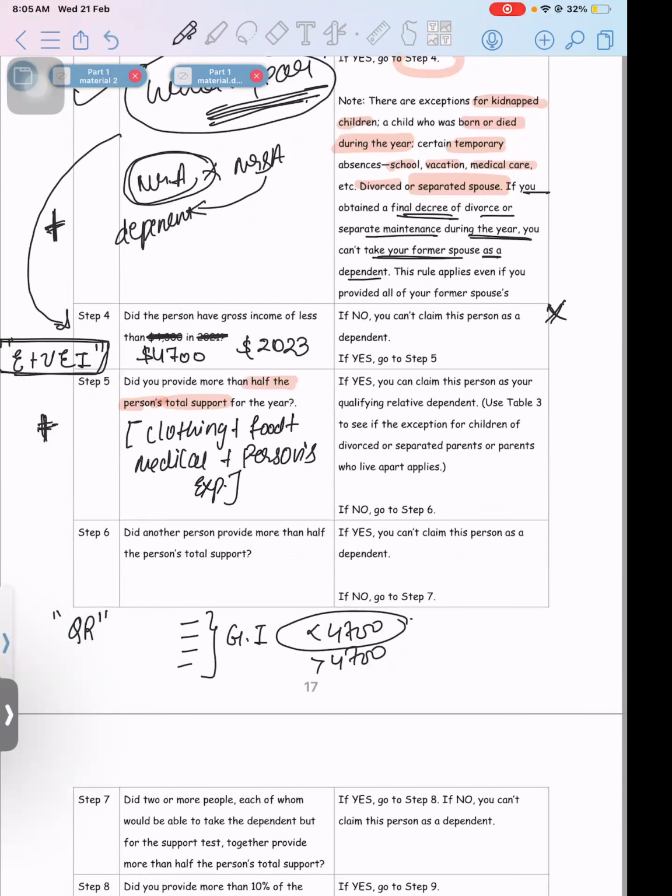The person whom you are claiming as a dependent, that person's all expenses will be considered. Okay, and let's say that person is earning $10,000, no, I'll say he will not qualify. $3,000.